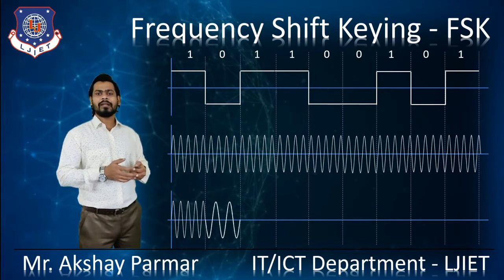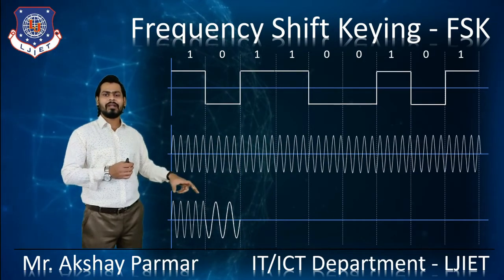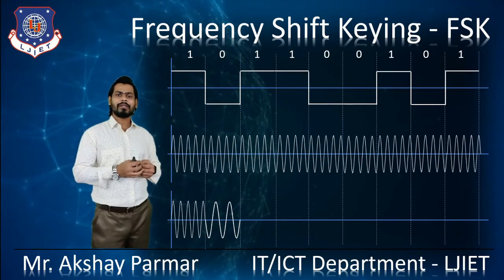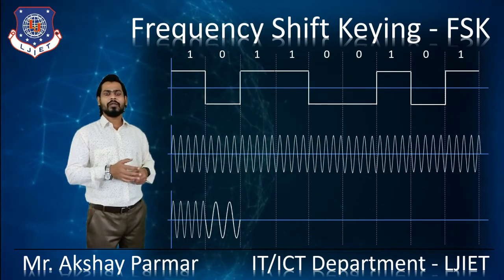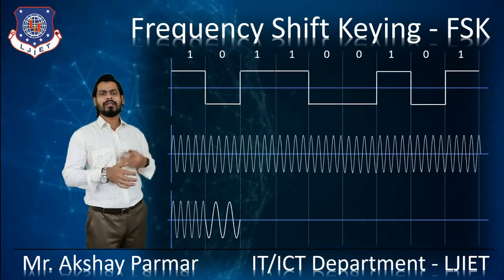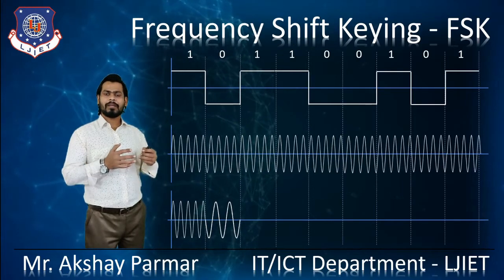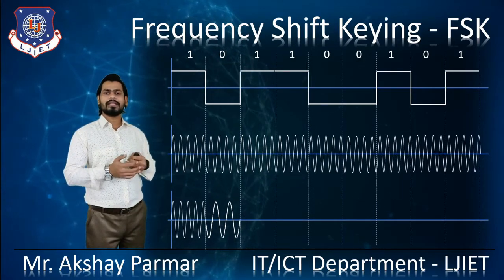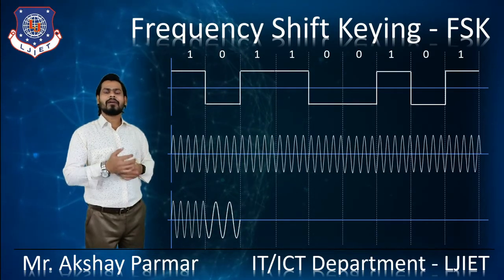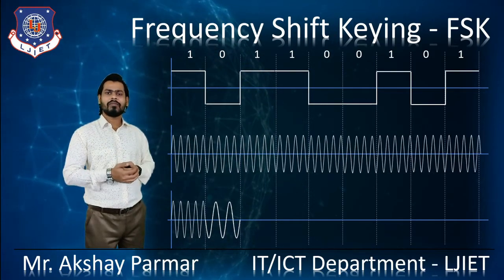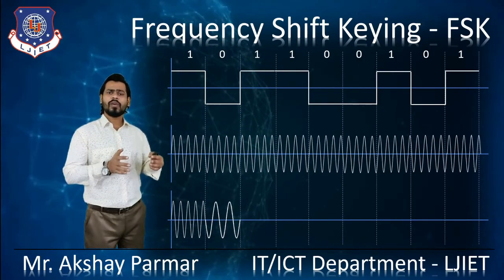So as you can see, whenever we are representing bit 1, the carrier signal has the higher frequency, and whenever we are representing bit 0, it has the lower frequency, right? So we follow this method: whenever bit 1 is encountered, we use the signal with the higher frequency, and whenever bit 0 is encountered, we represent that bit by the signal with the lower frequency, right?